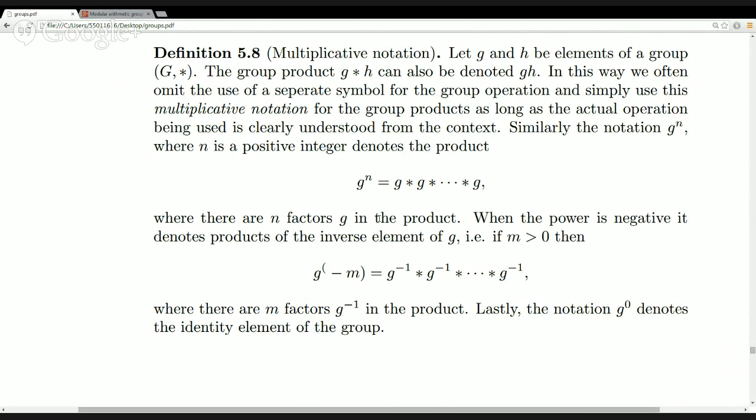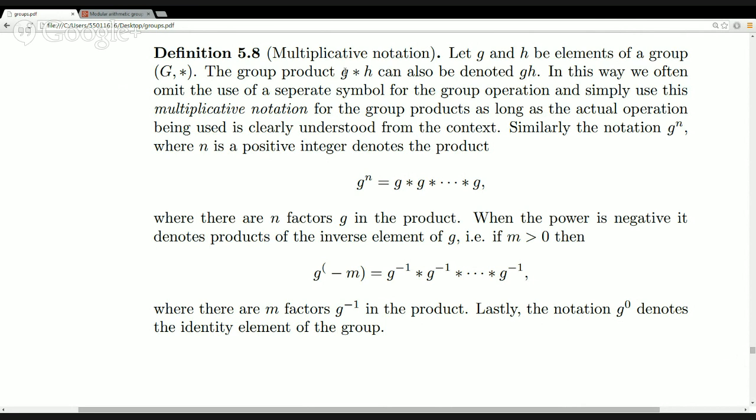Now that's not any particular operation, it's just standing in for an abstract binary operation. But it can break your heart sometimes writing out loads of stars all the time. So there's a much more efficient notation called a multiplicative notation. And that's when you just forget about writing the star.